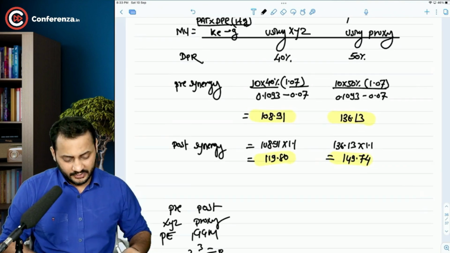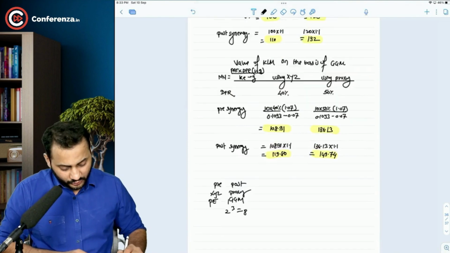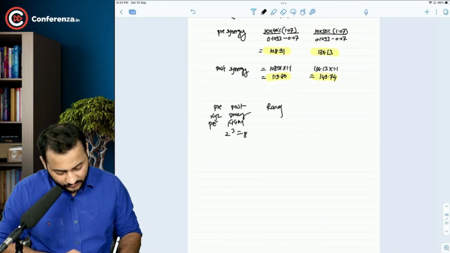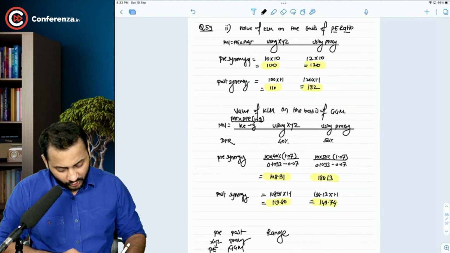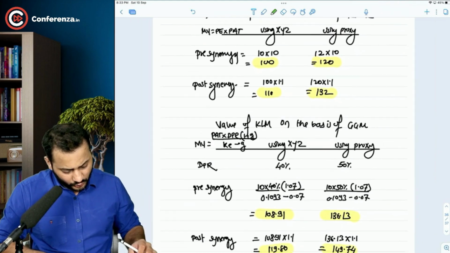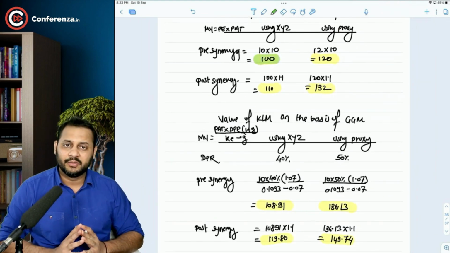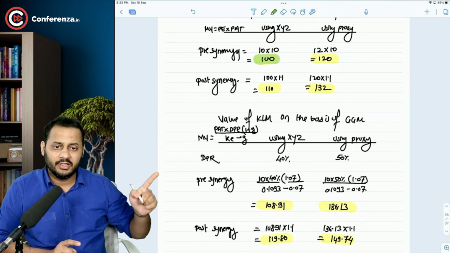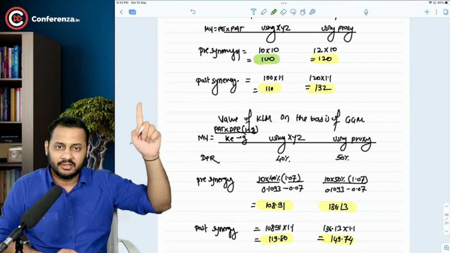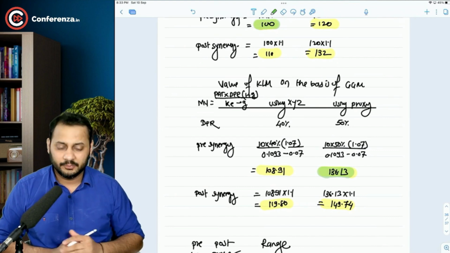Now you can just simply take the highest and the lowest value, because range includes the highest and the lowest values. So in a range for pre-synergy, what is the lowest answer? This 100 is the lowest in pre-synergy, among 100, 120, 108 and 136. 100 is the lowest. So what is the highest? 136 is the highest in the pre-synergy.